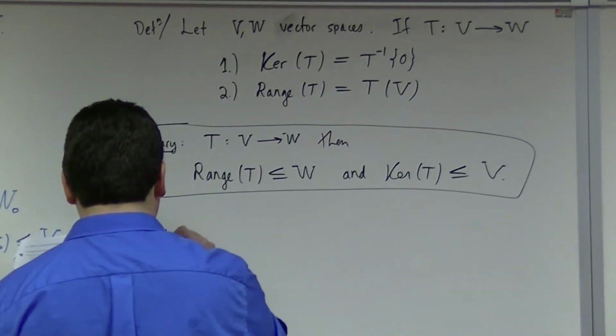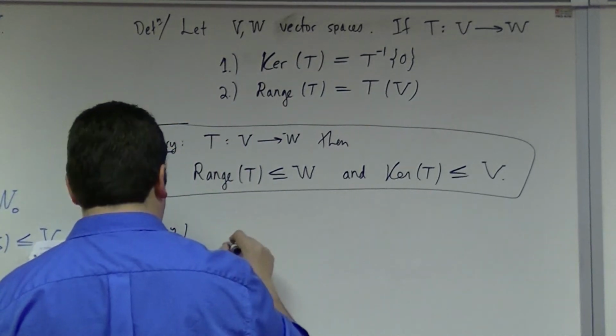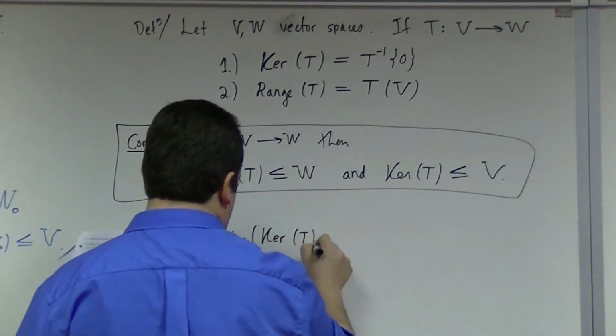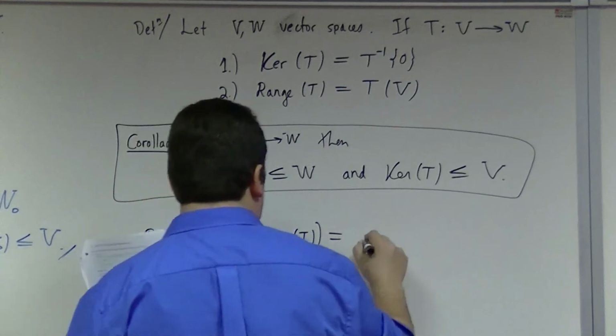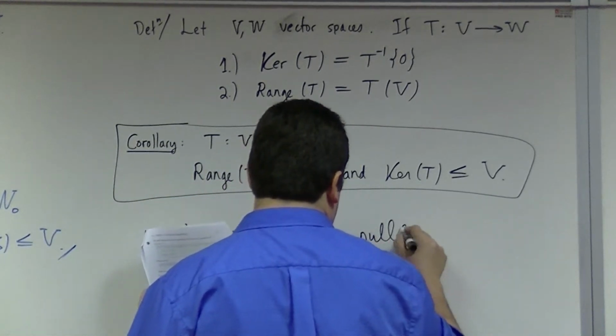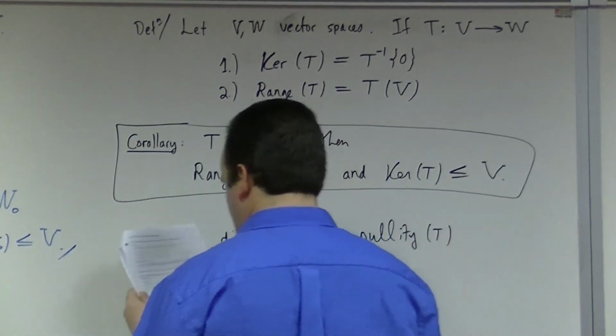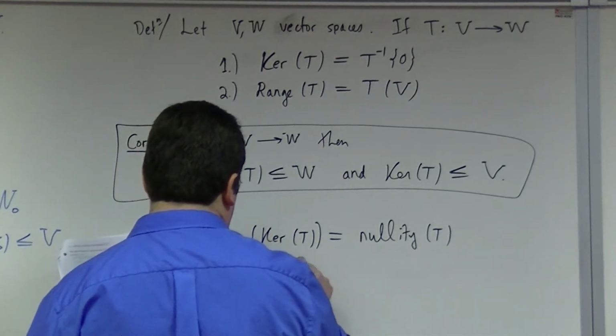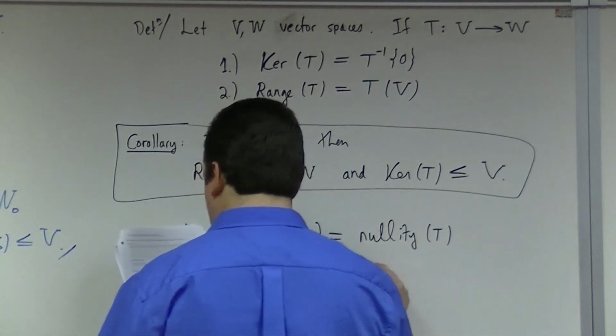Definition. The dimension of the kernel is called the nullity of T. The dimension of the range is called the rank.